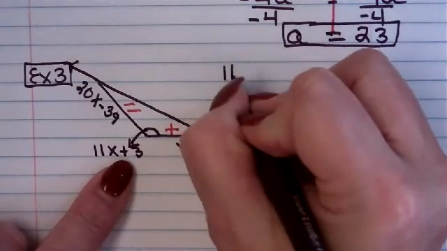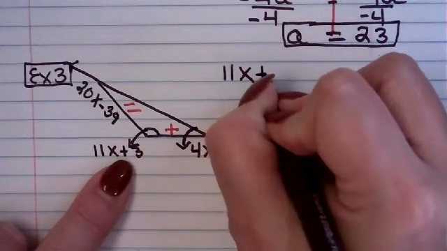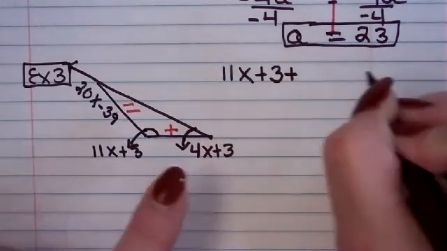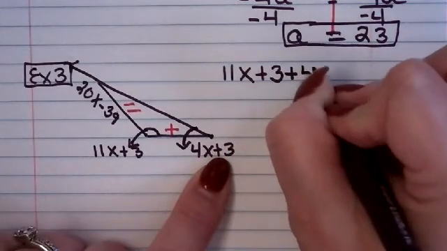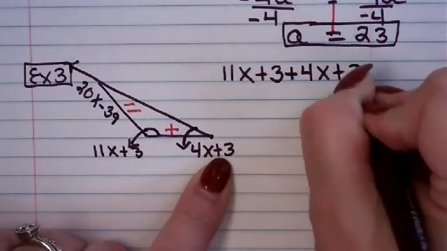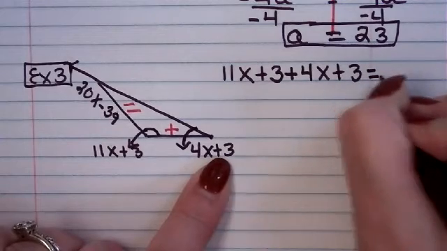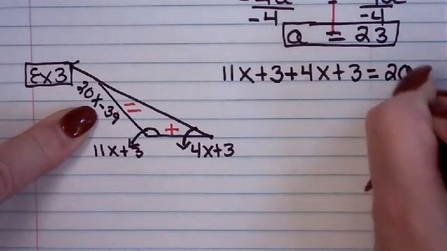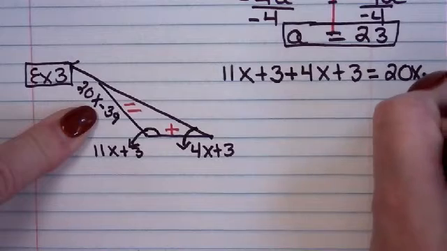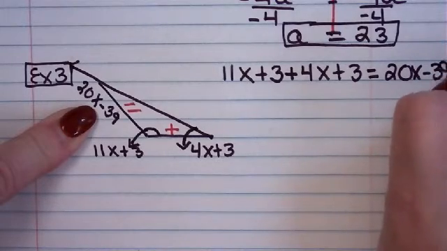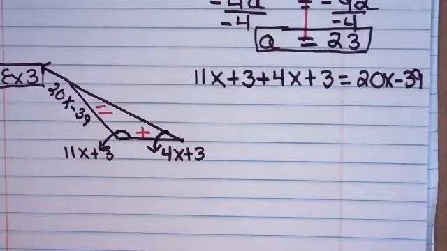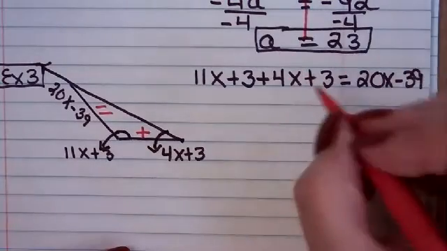I'm going to have 11x plus 3 plus the 4x plus 3. And what is that going to equal to? The 20x minus 39. Oh, the Lord, there's x's and constants running everywhere in this one, isn't it? Okay, this is about as difficult as they will come. Now, let's put my river in.